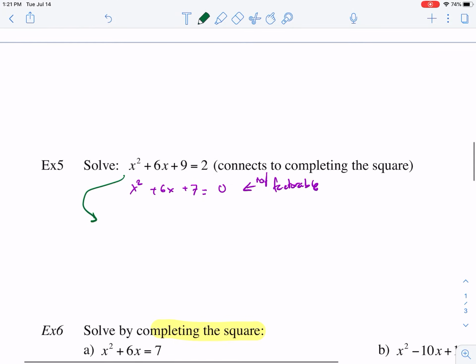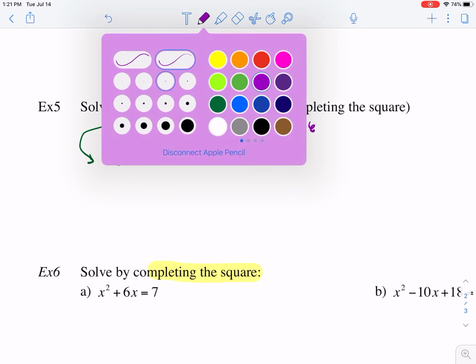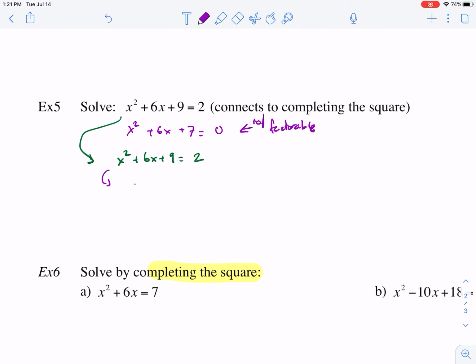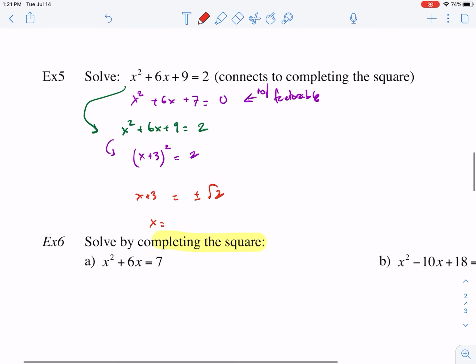Can we take this equation and make it become something squared equal to a constant? If we factor the left-hand side here, that's a perfect square. So now we can solve for this using the square root property. That becomes x plus 3 equals plus or minus root 2. Therefore, x equals negative 3 plus or minus root 2.